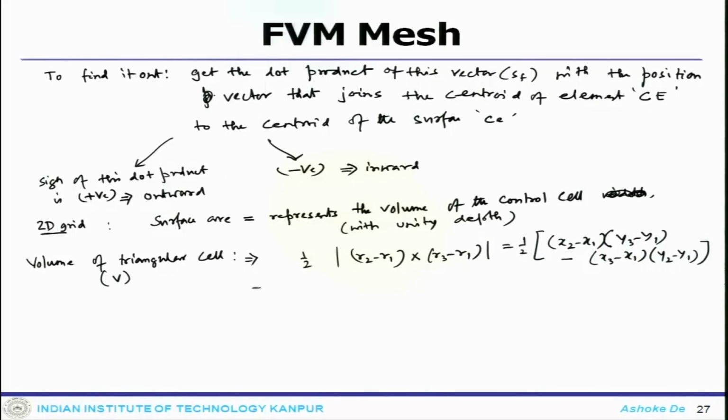So, if I write it, it is x1 (y2 minus y3) plus x2 (y3 minus y1) plus x3 (y1 minus y2).